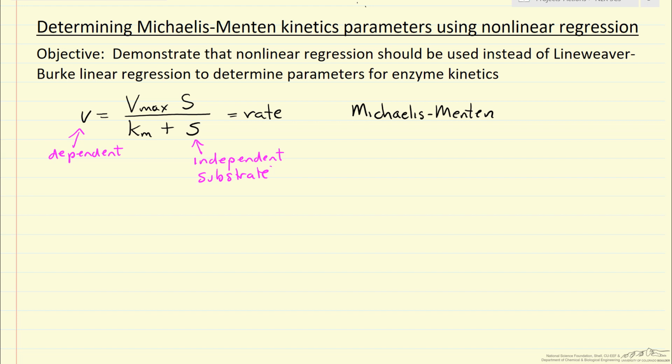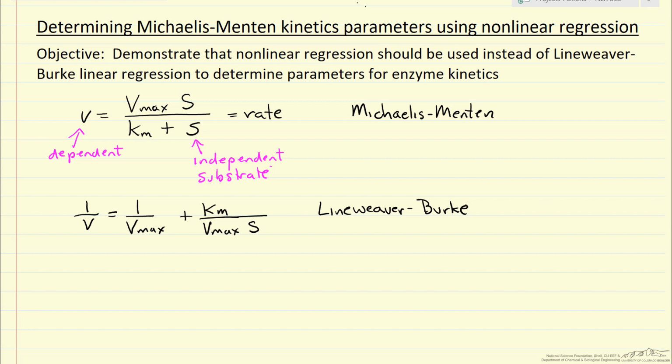Now, if instead of using nonlinear regression, we linearize, let me write down the expression. I won't derive it, but it follows fairly straightforwardly. So if we plot 1 over the rate, 1 over the velocity, versus 1 over the substrate concentration, we expect a straight line, and then this would be the intercept, and this would be the slope, and so this is a way to fit the data.